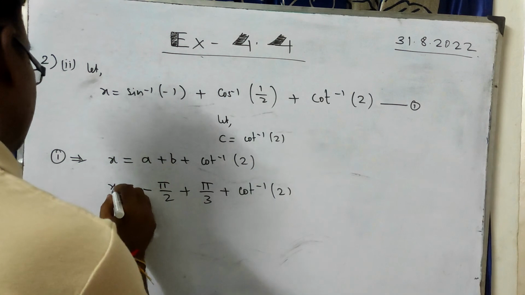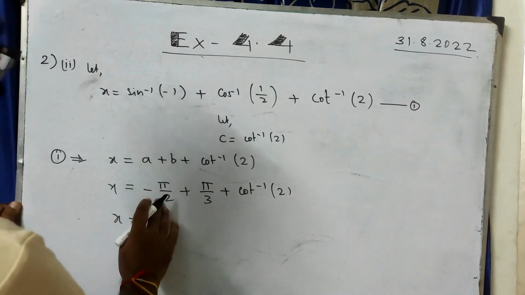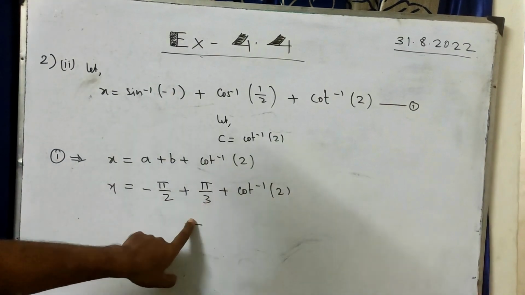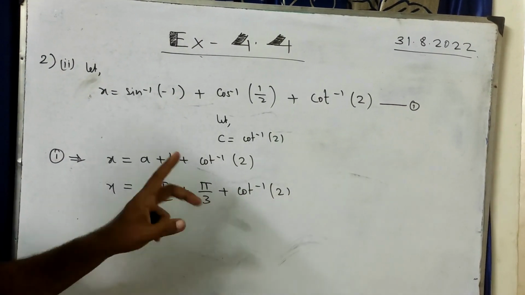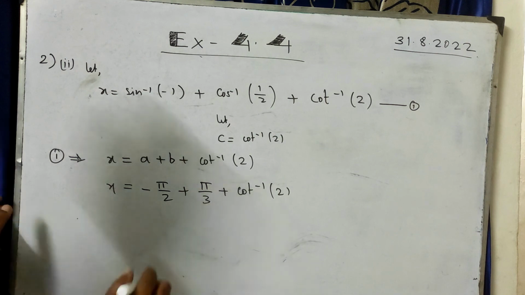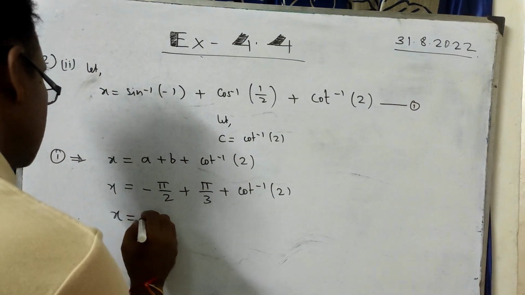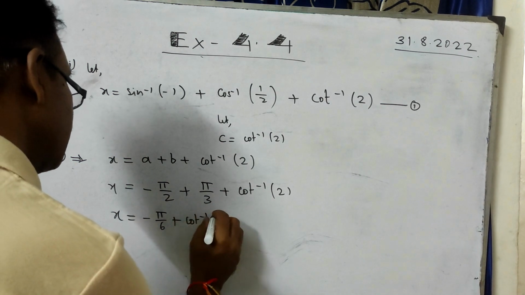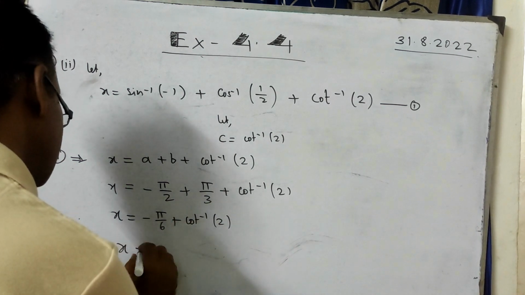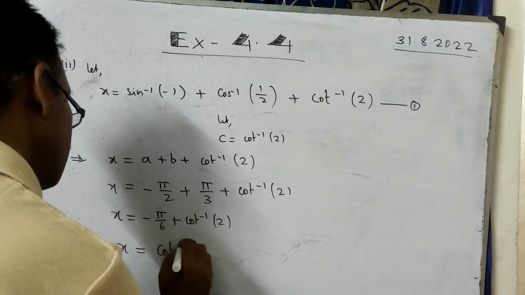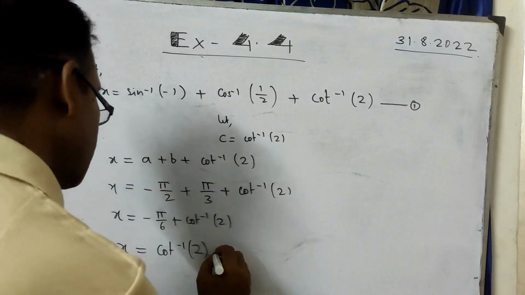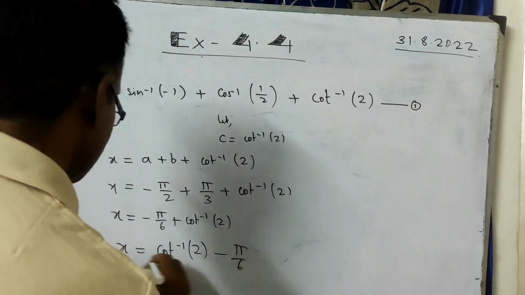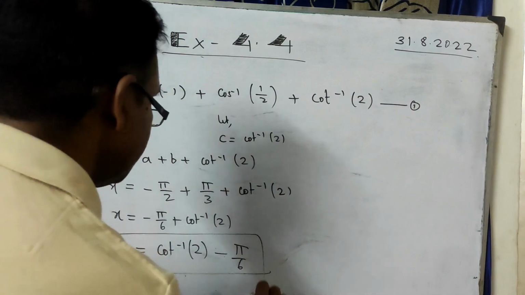So this is your x. Now solve: this is 90 degrees and this is 60 degrees. This is lesser, so it will come negative. 90 minus 60 is 30 degrees, so minus of 30 degrees. So x is equal to minus pi by 6 plus cot inverse of 2. Just so it looks good, negative should not come first, so we write the positive first: cot inverse of 2 minus pi by 6. So this is your answer. Clear? Got it?